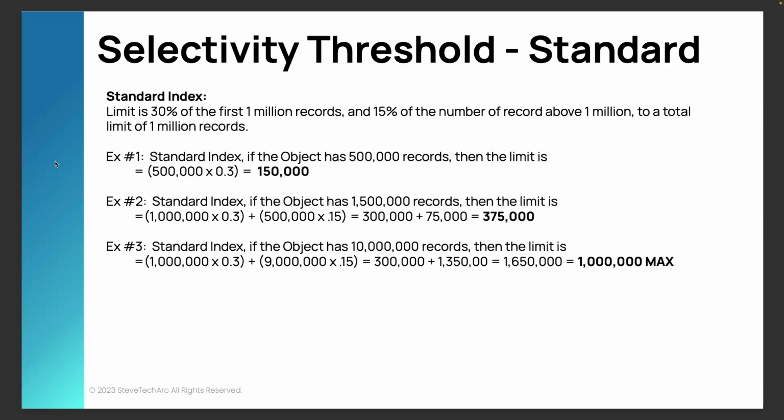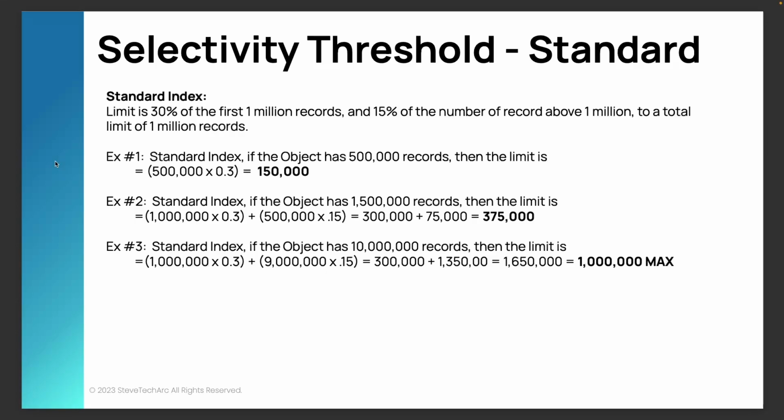The limit is 30% of the first 1 million records and 15% of the records above 1 million, with a maximum of 1 million. And this threshold is the maximum number of records that could be retrieved if it were to use the index. So if you had 1 million records, and you were asking for them in Arizona, only 1/3 of that could be in Arizona.